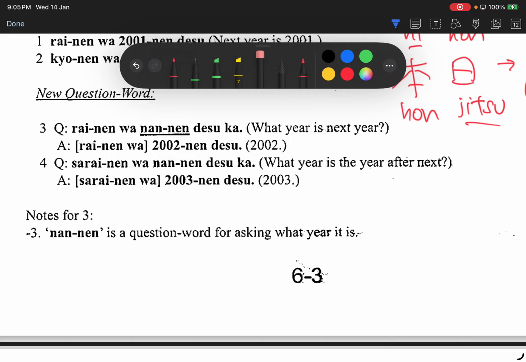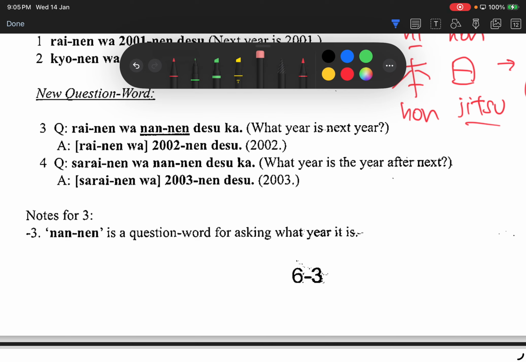By the way, Japanese people don't really use the Gregorian calendar, which is year 2000, year 2020, year 2005. They use a separate calendar. Last time they used the lunar calendar, so that's why we have Lunar New Year. But they left the Lunar New Year. Then they used the Gregorian calendar, which is what we are using now. However, they don't call it that year.